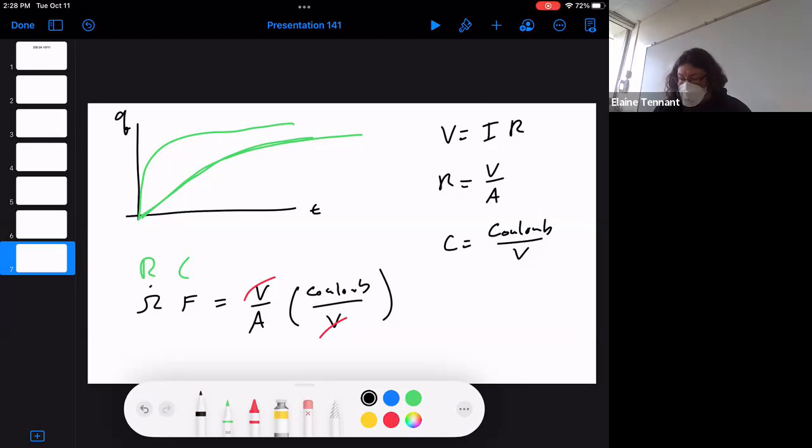And then we have this amp. That was a current, right? And a current is a charge per time. Yeah, see, it's all coming together, right? So I have coulombs over coulombs per second. Those cancel out. Your seconds jump to the top.